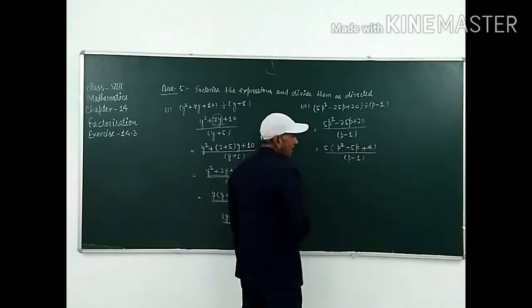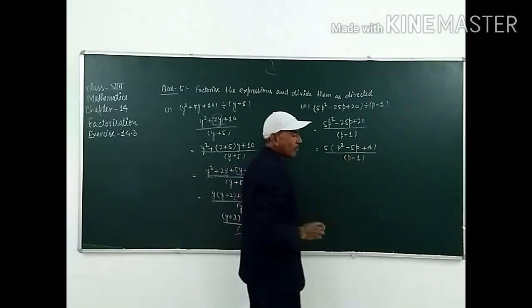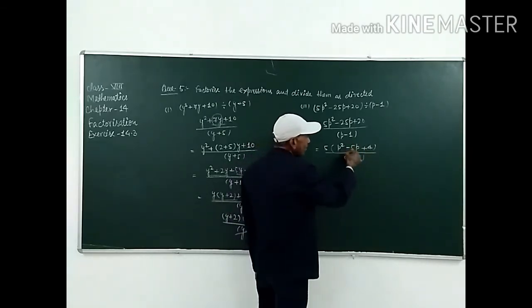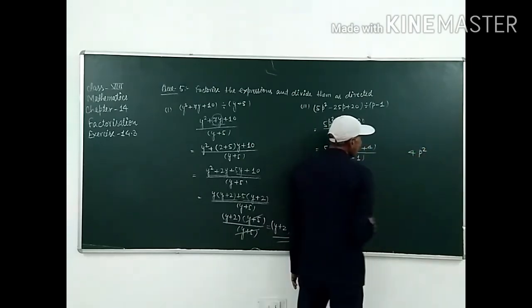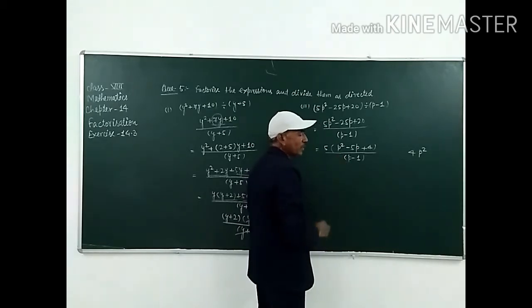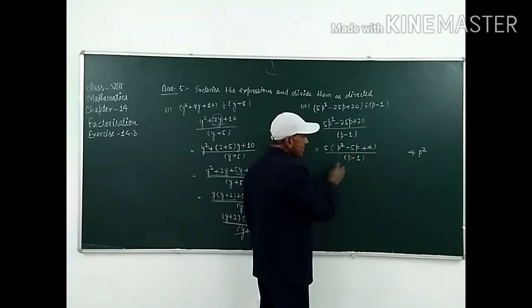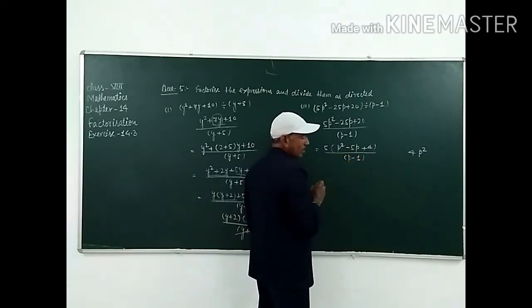This one is a trinomial again. This one is p square minus 5p plus 4. Student, the middle term is minus 5p and the product of first and last term is 4p square. So, we have to take two negative numbers such that the sum of the two negative numbers is negative and the product of two negative numbers will be positive.